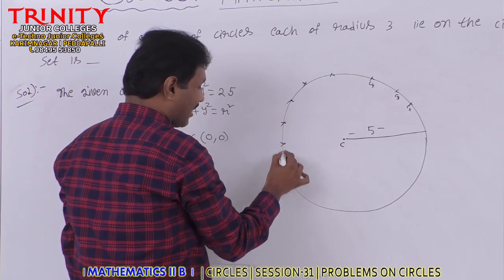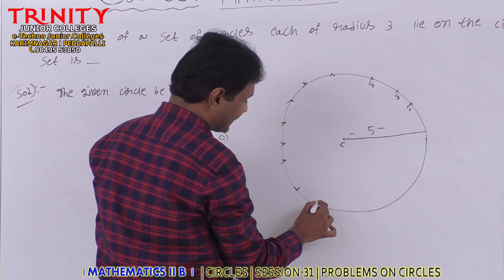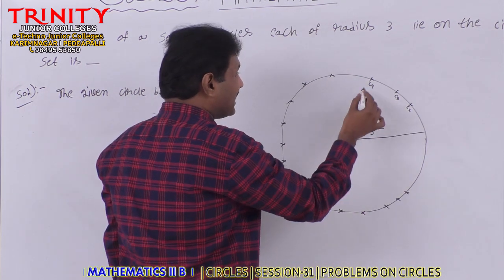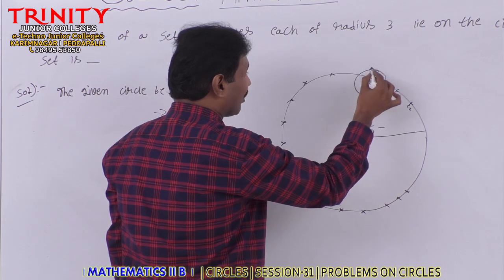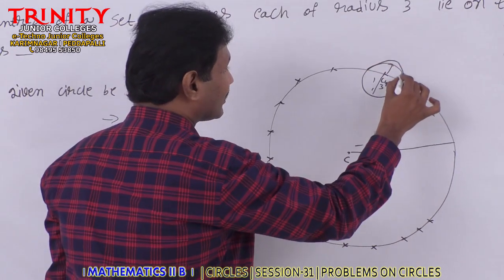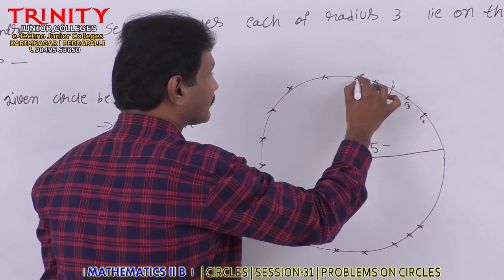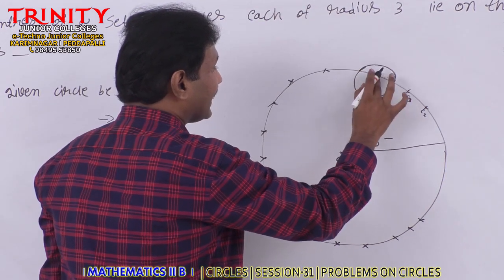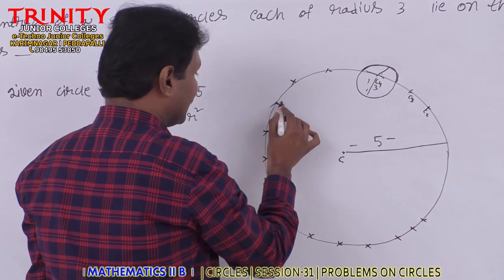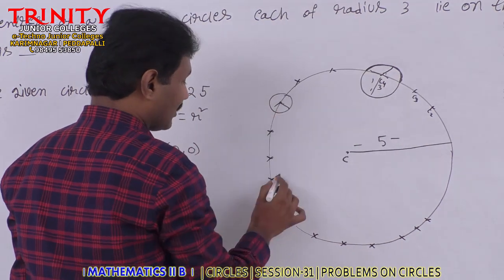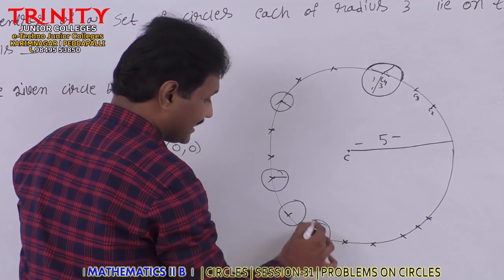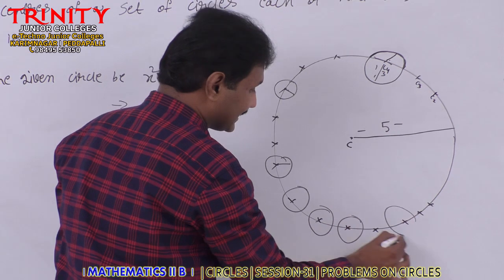All the centers lie on the circle, and each circle has a radius of 3. This is the circle of radius 3.